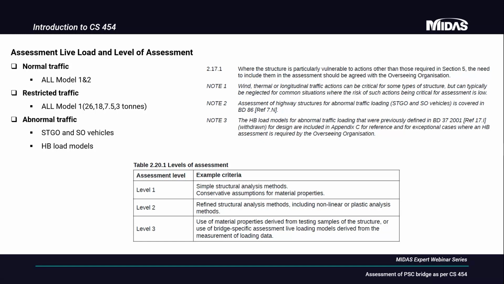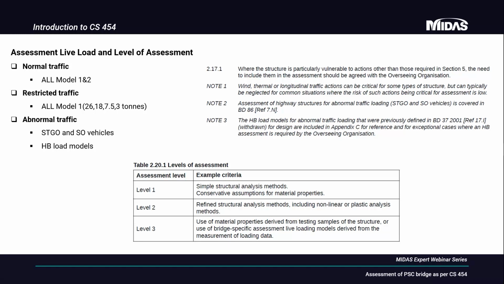As far as the level of traffic is concerned, we have three levels of traffic: normal, restricted, and abnormal traffic. For normal traffic, all Model 1 and all Model 2 should be considered.